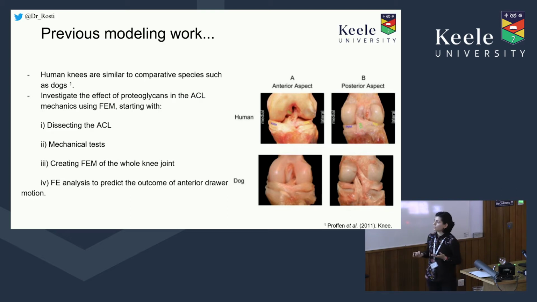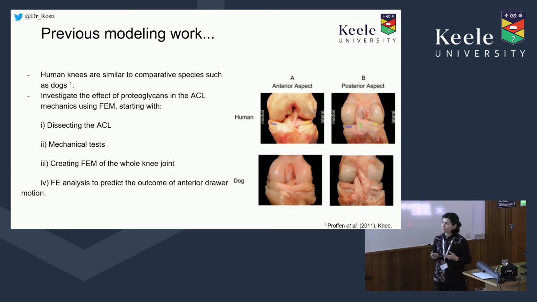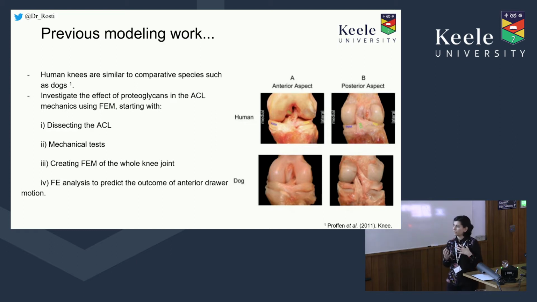So I collected knee joints from dogs, and I dissected the ACL of the knee, because I was very interested in how one type of protein, called proteoglycans, affects the soft tissue. If you take it out, does it make the ACL stronger? Does it make it stiffer? What would be the impact of that protein on the microstructure of that tissue?